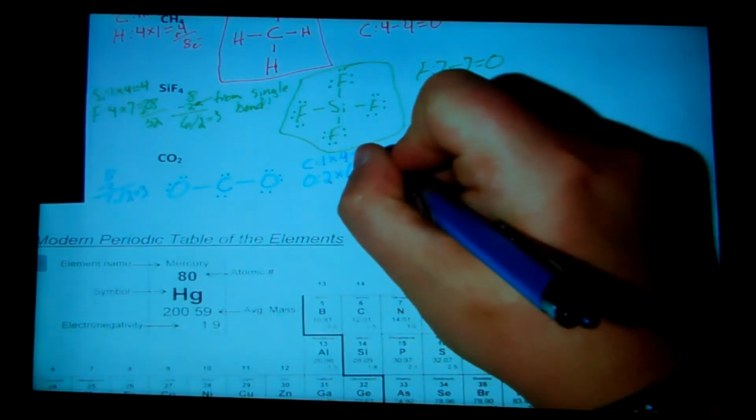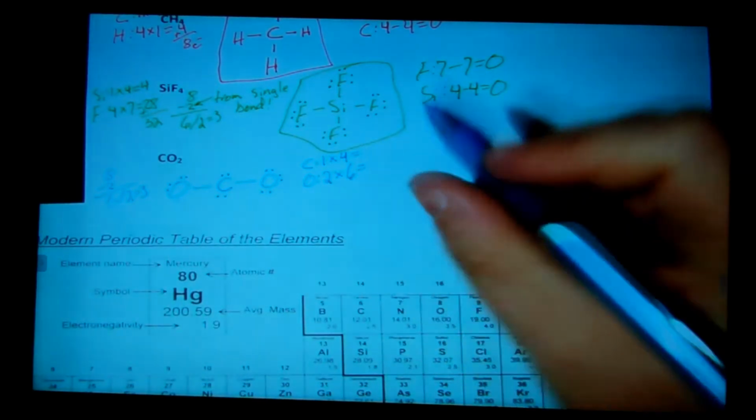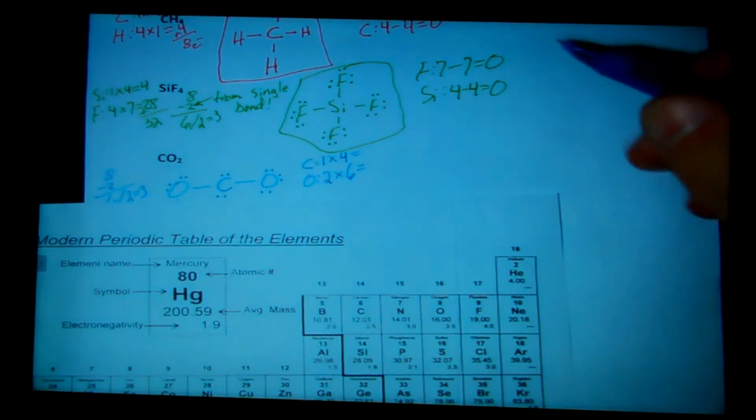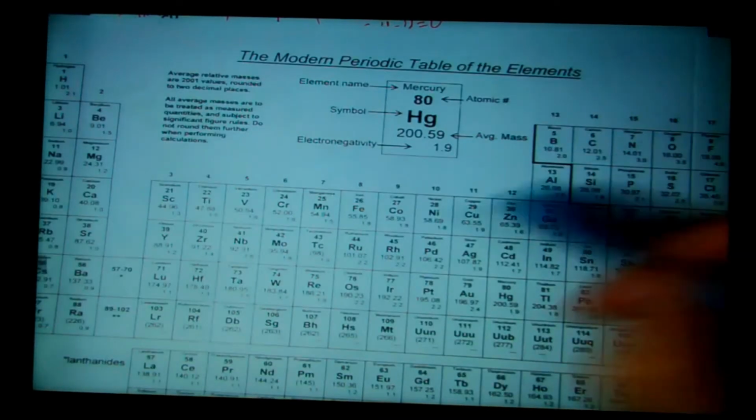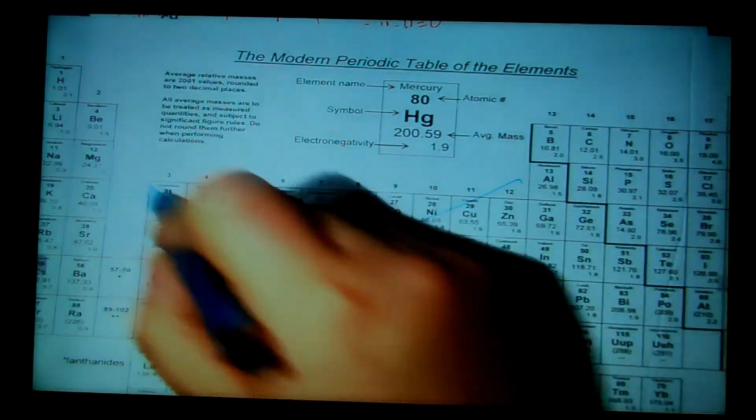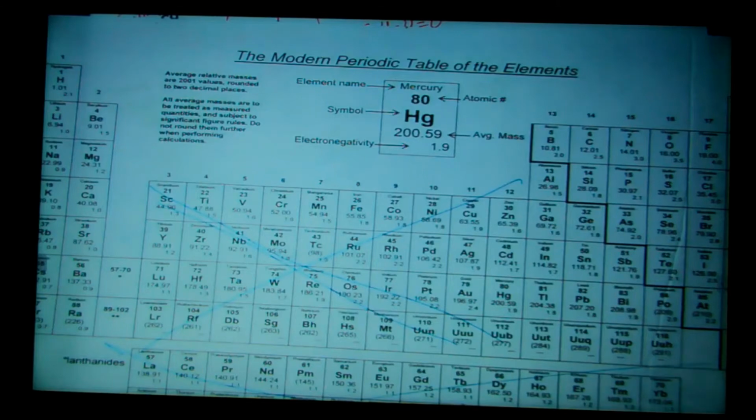If you do not understand where this is coming from, please go back to the original video a long time ago whenever I did this and I talked about the valence electrons on these things. When we talked about the valence electrons, I said D block doesn't matter, F block doesn't matter, they don't fall in with this.